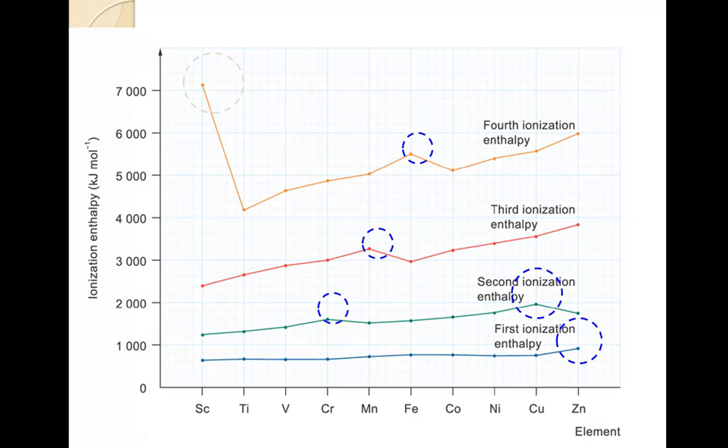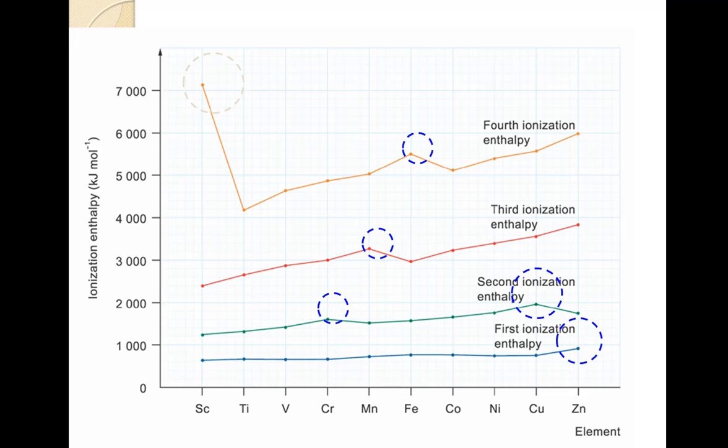You can see in this graph, the line at the bottom shows the curve for first ionization enthalpy, meaning removal of the first electron. There is a slight increase in the ionization enthalpy.